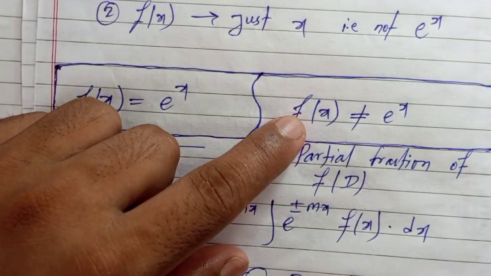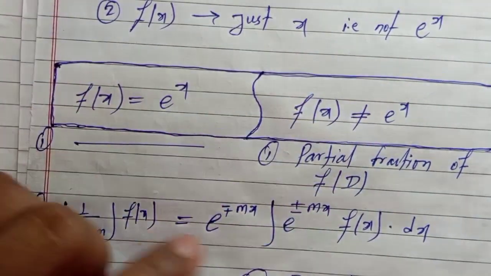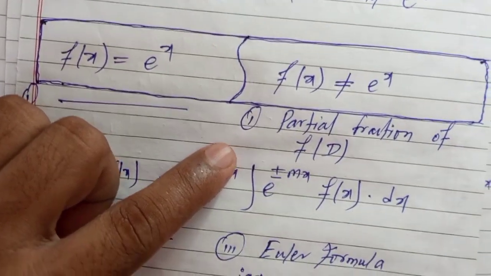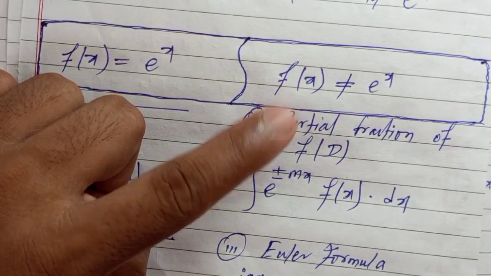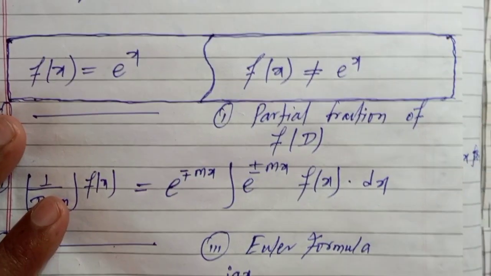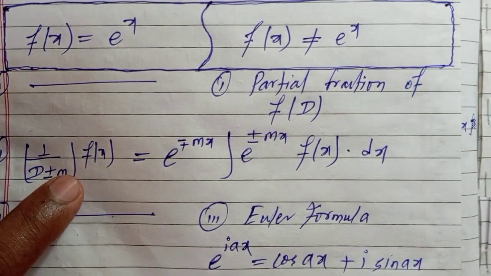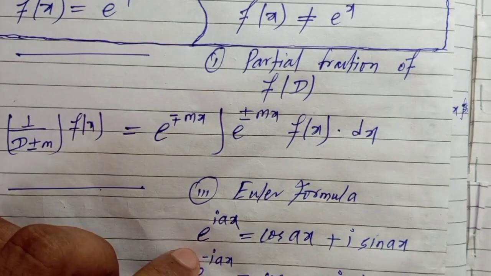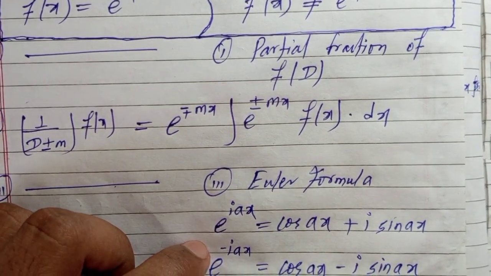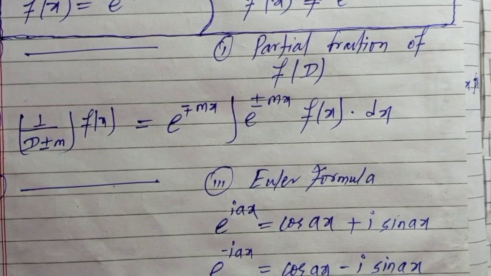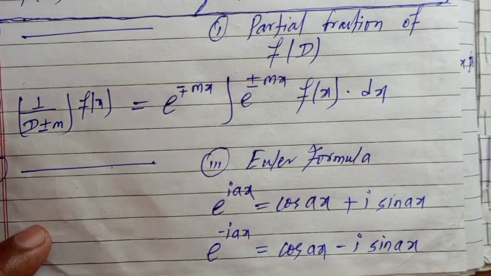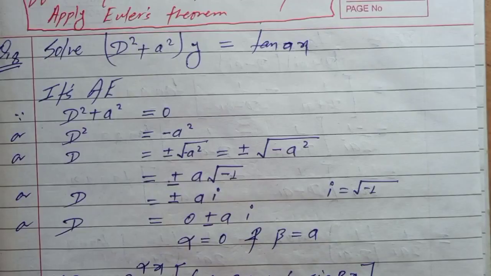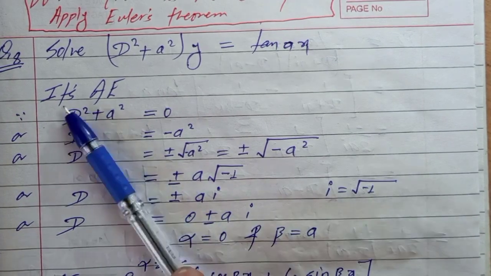But when it is not in the form of e to the power x, we use three steps. First we use the partial fraction concept, then we use this common formula, and then we use the Euler formula. That means where there is e to the power iax, we replace that value with the help of sin and cos. Let's move ahead.